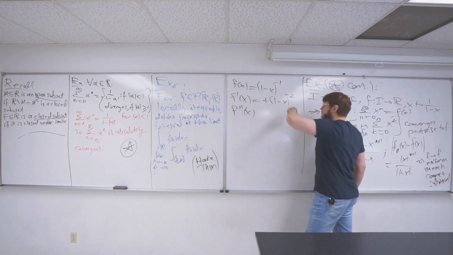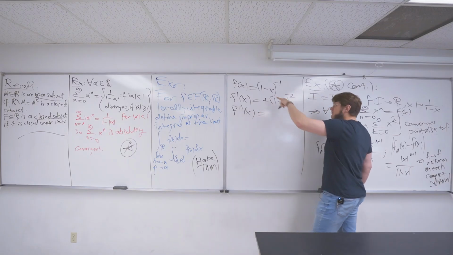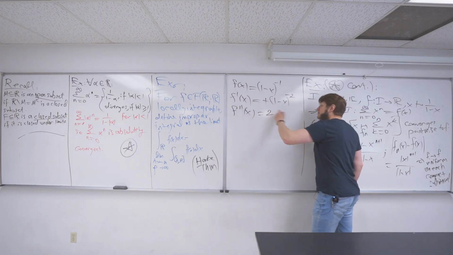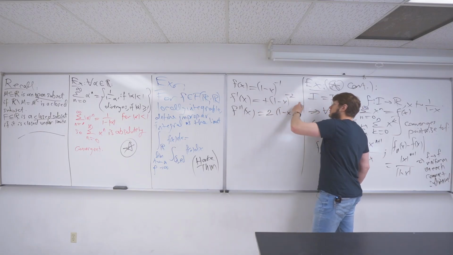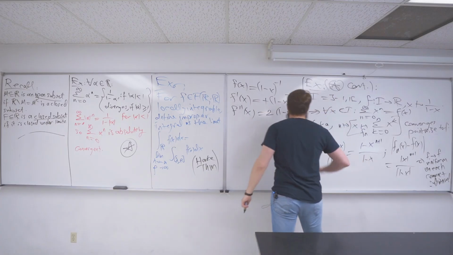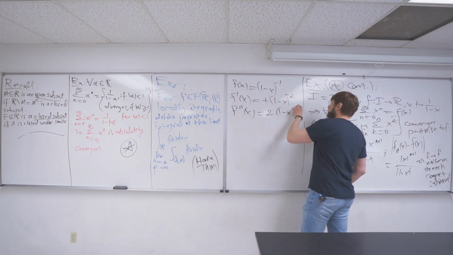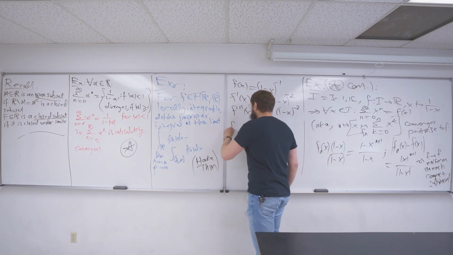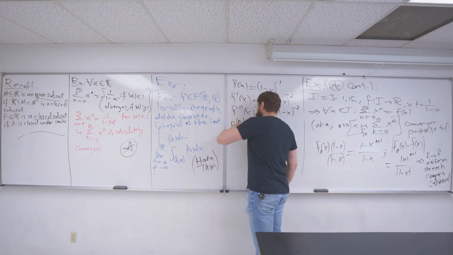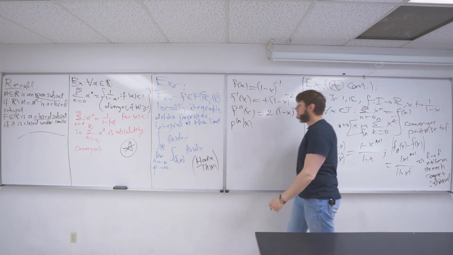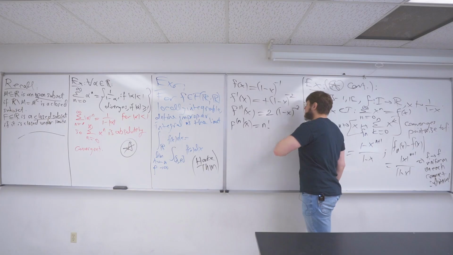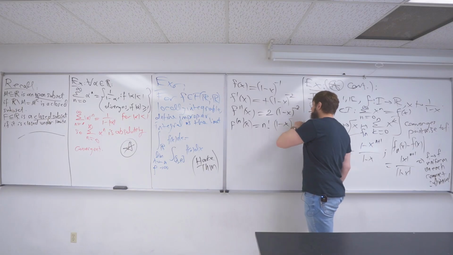Second derivative, so the first derivative of this is minus 2, but I'm going to have another minus here, so that's going to be 2. 3. And I'll leave to you to verify that by induction, the nth derivative of this function is going to be n factorial times 1 minus x raised to the power minus n.